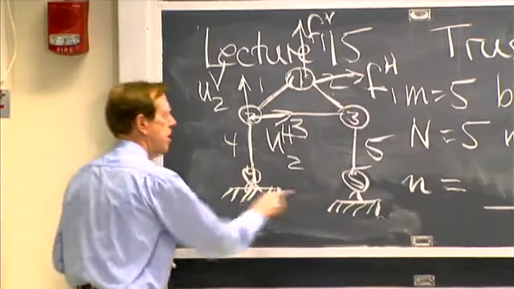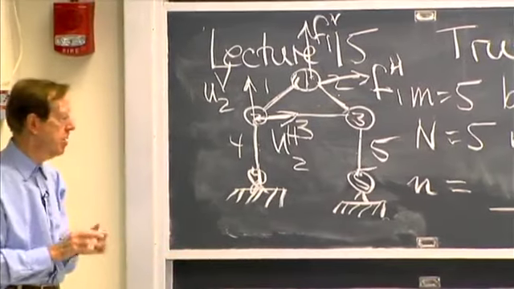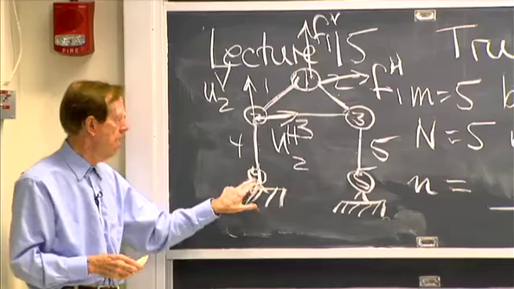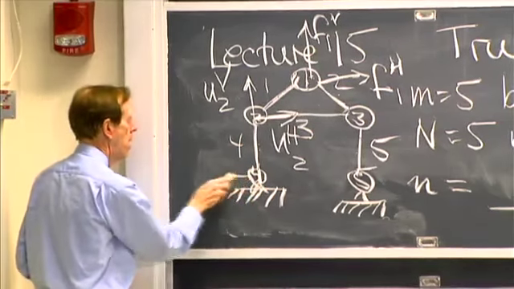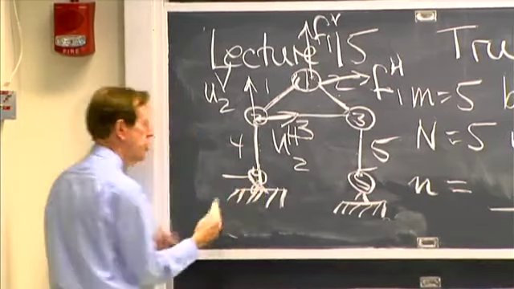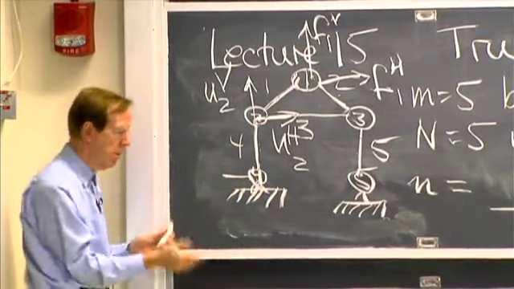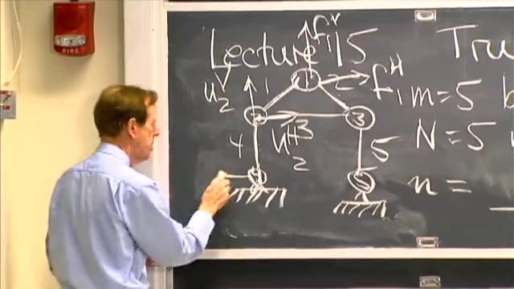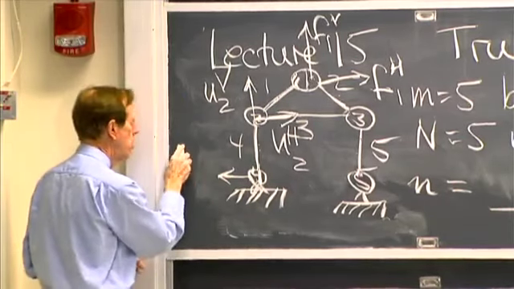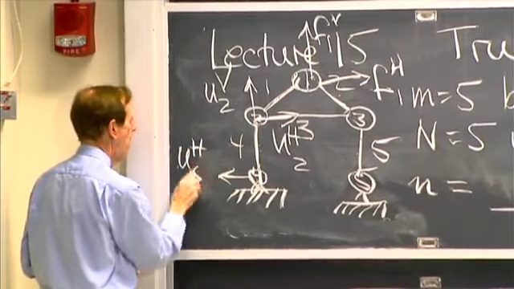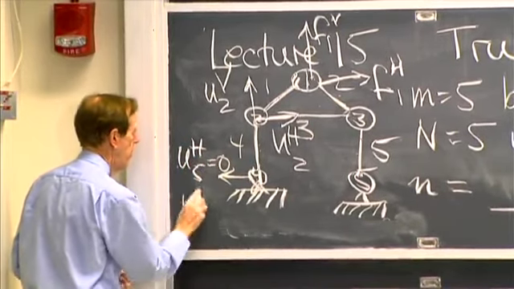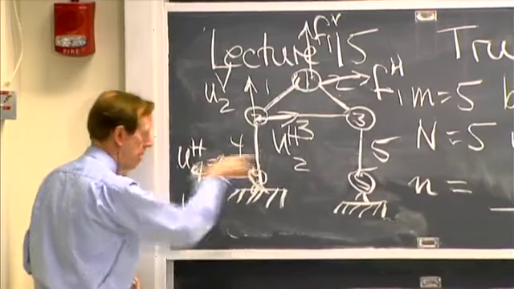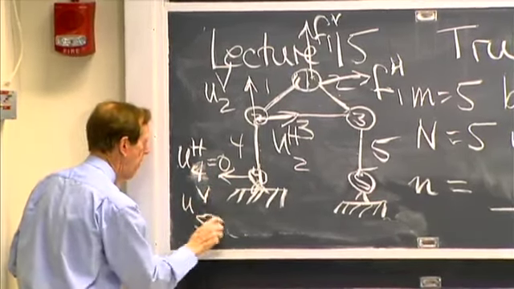I've marked supports here, so let's speak about supports. What's happening at the supports? There's no movement. That point is pinned. So this is telling me that u horizontal 4 is 0 and u vertical 4 is 0, and it'll be the same for 5: u vertical 5 is 0.